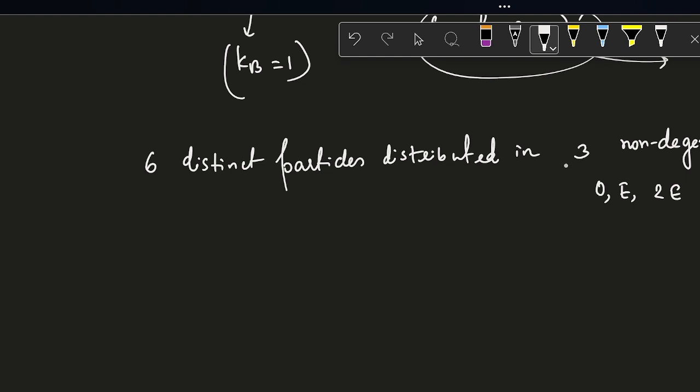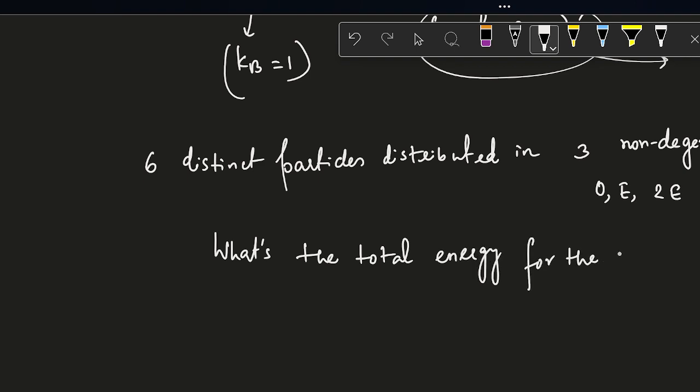Then you are asked what is the total energy for the maximum probable distribution. So what's the total energy for the maximum probable distribution?